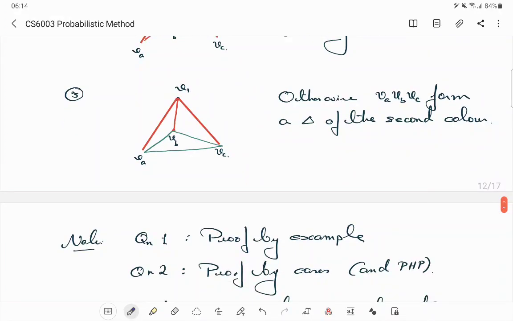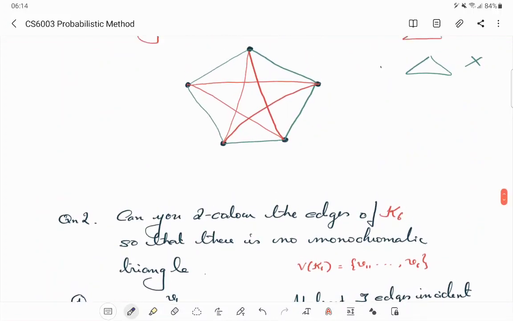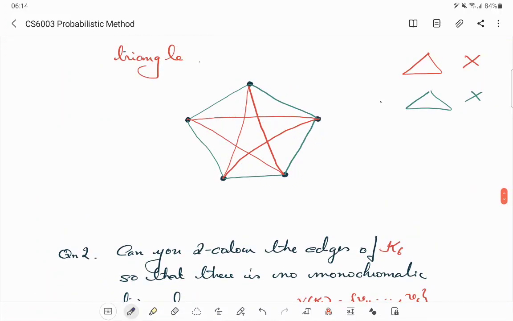Now, let me make two remarks here. You have to contrast our arguments to question 1 and question 2. Both questions were of the same type: can you color the edges of some Km so that there is no monochromatic triangle. In the first case, your proof was just giving an example, this particular two coloring of the edges of K5.